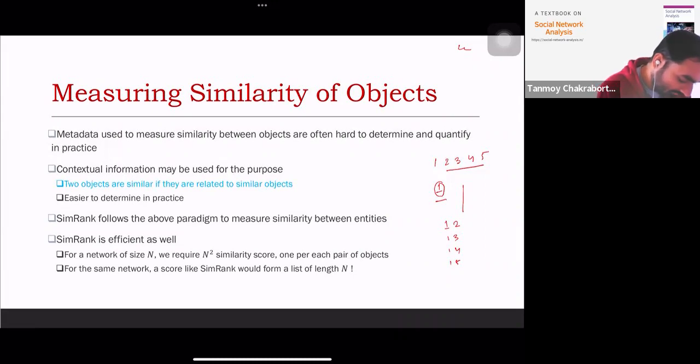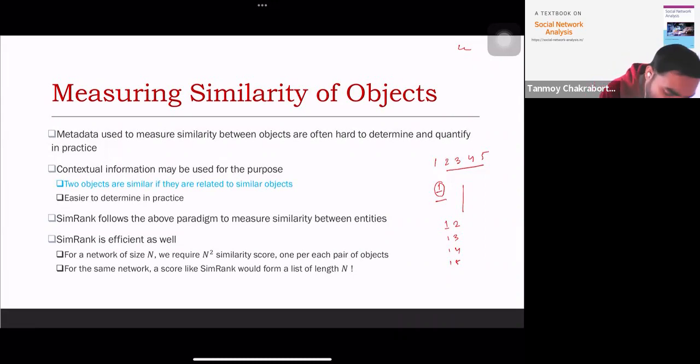So here we'll first try to understand the context of a particular item. The context of a user or a node is determined by its neighbors.